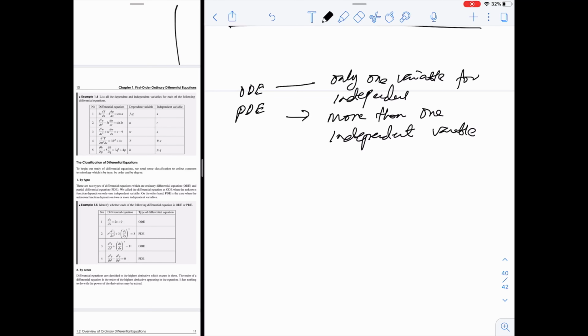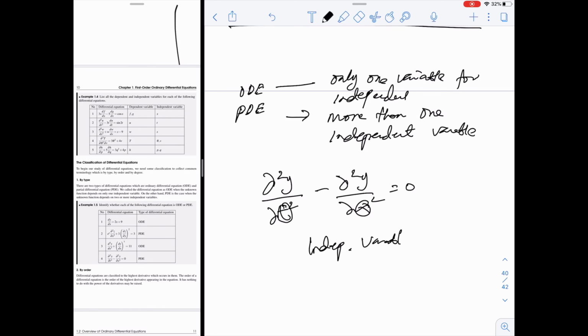Okay, let's say you have del squared y over del t squared minus del squared y over del x squared equal to 0. For this one you need to look at the independent variables, and we have t and x. So it is obviously a partial differential equation.